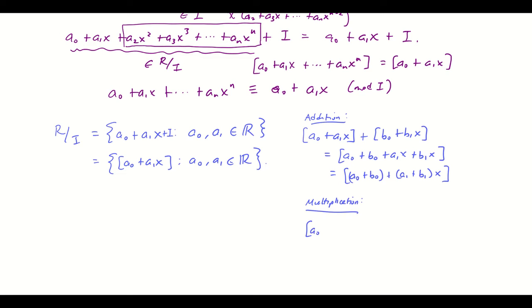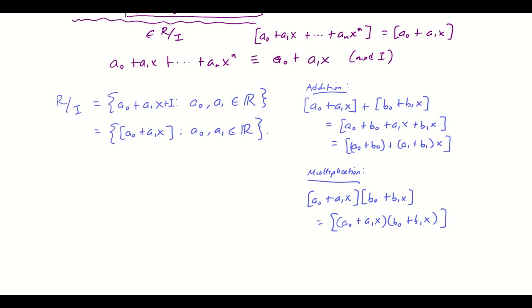If I want to multiply a0 plus a1x times b0 plus b1x, then I get the congruence class that contains the product of these. Well, what is the product of those anyway?